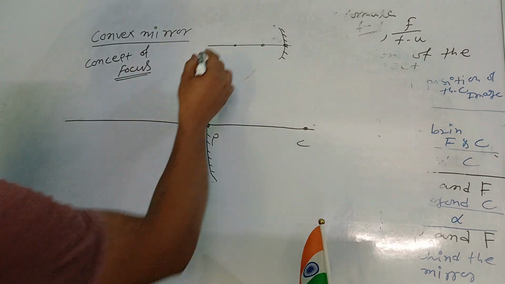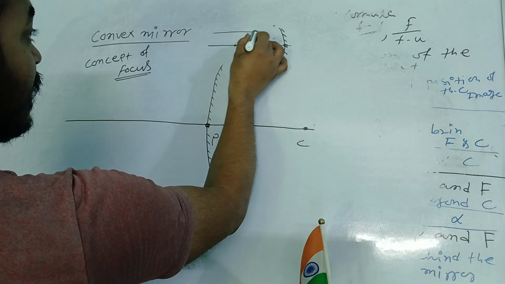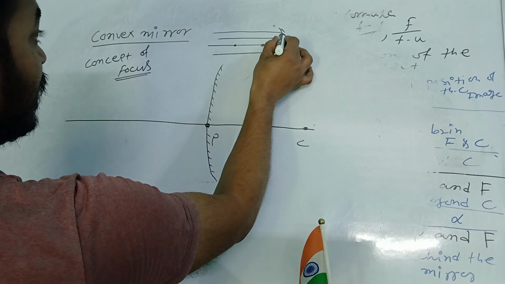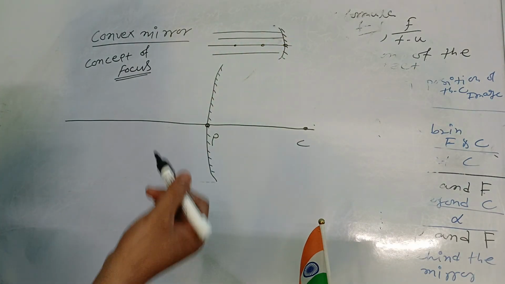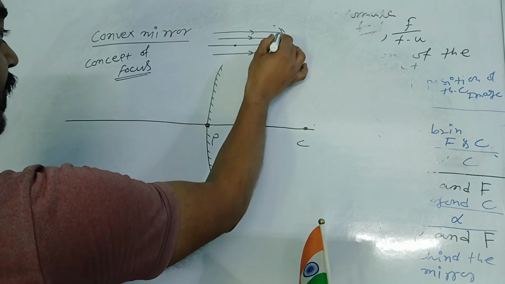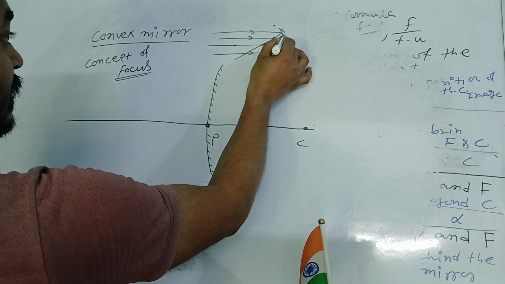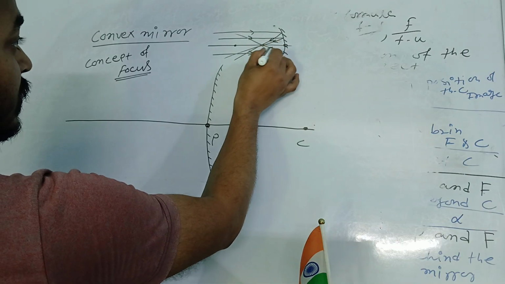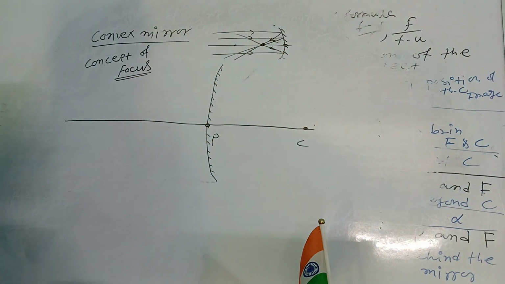So here also, if we take parallel rays, that is, incident rays parallel to the principal axis, then we can see after the reflection, all the rays pass through one point on the principal axis, and this point is called the focus.